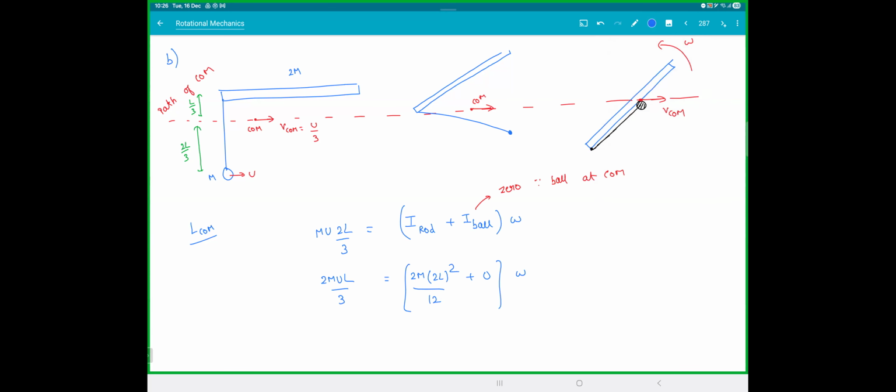Finish this, you'll get the answer. When 2 goes off, that will be 3. 3 also goes off. Omega is equal to U by L.